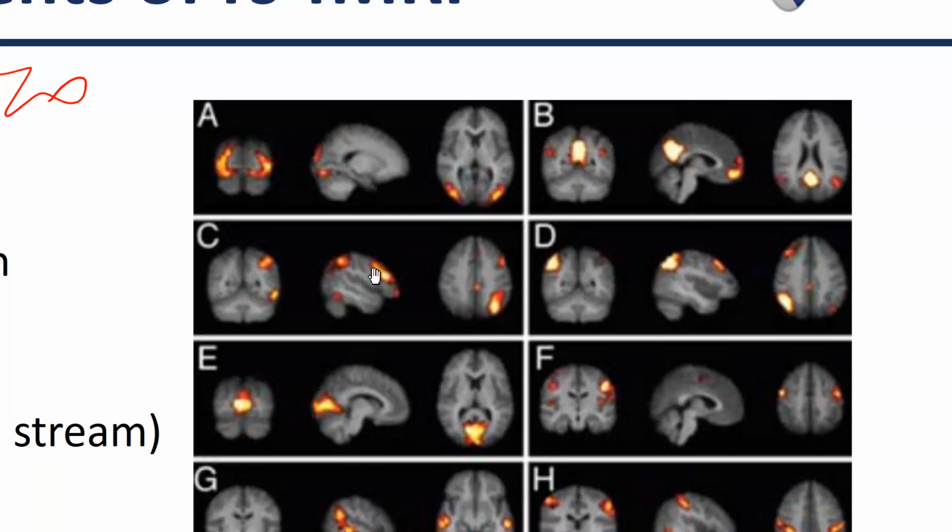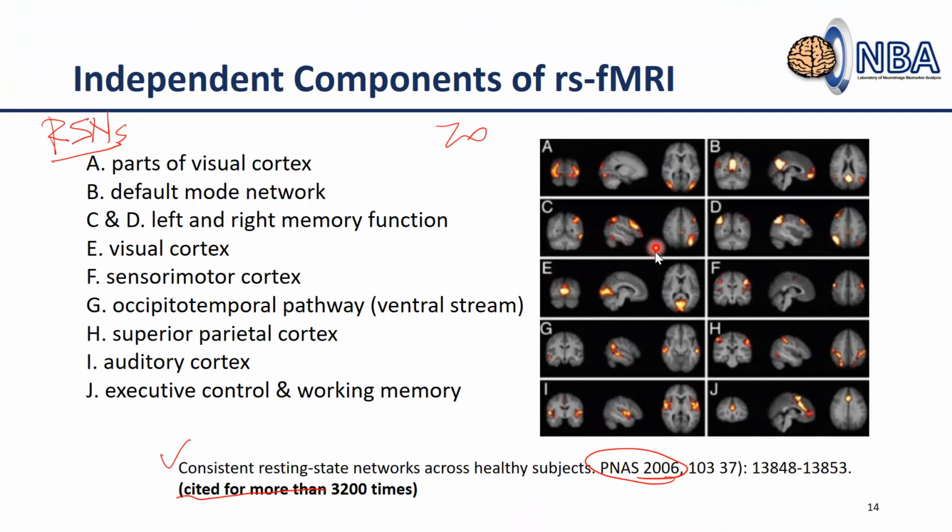For C and D, they are related to the memory function. It is separated into two different components: C for the right hand side and D for the left hand side. E is again in the visual cortex, however it is more located in the medial part.